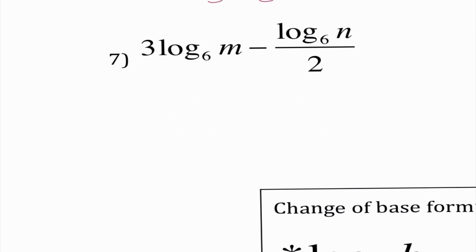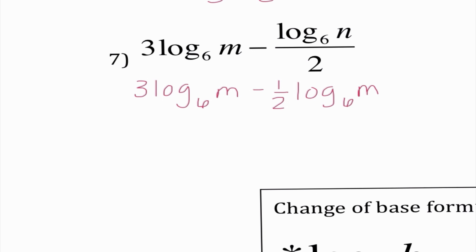Number 7 looks like a doozy because I have this weird divided by, but luckily I know you guys are all super smart. And we know that dividing by 2 is the same thing as multiplying by 1/2. So I'm going to write this as minus 1/2 log base 6 of n. Okay, so now I'm actually going to demo this in 2 different ways, so hang with me here.